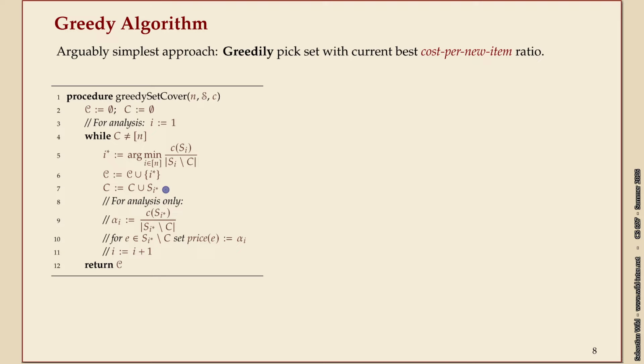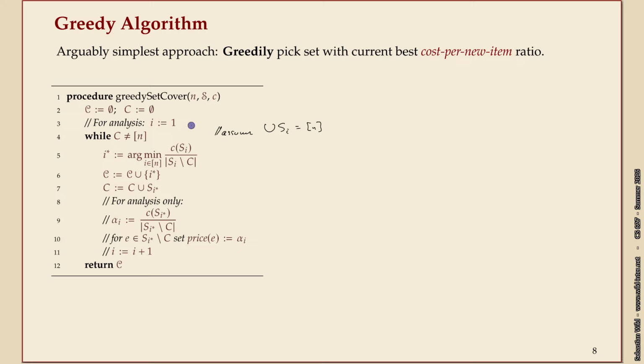It's a greedy algorithm. We never take a step back. And we keep doing this until we've covered all elements. Here again, I'm assuming the instance is feasible, right? Otherwise, this while loop might never terminate. I think always in the following we'll make this assumption that if I take everything, then I get the universe back.